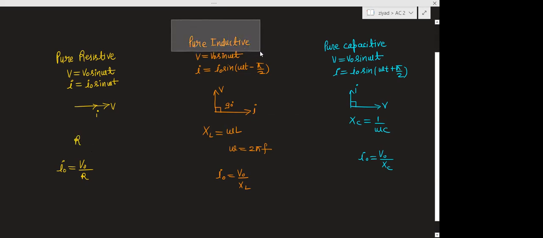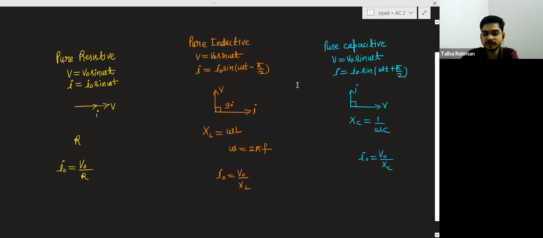In the case of the pure inductive circuit we have inductive reactance, which is represented by XL. XL is equal to omega L. What is omega? Omega is equal to 2 pi into frequency. If in this circuit you want the peak value of the current, then you will write I naught is equal to V naught by XL.